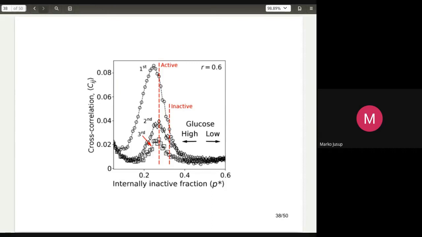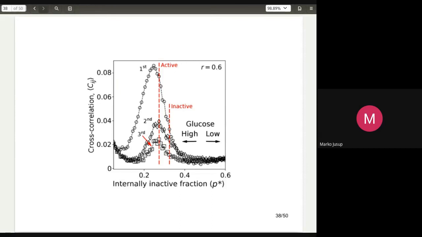And then when we look at what we should expect, at least qualitatively from the model, in the inactive phase, we have three curves representing cross correlation between first neighbors, second neighbors, and third neighbors in the network. Definitely first neighbors should be more correlated than second neighbors compared to third neighbors.